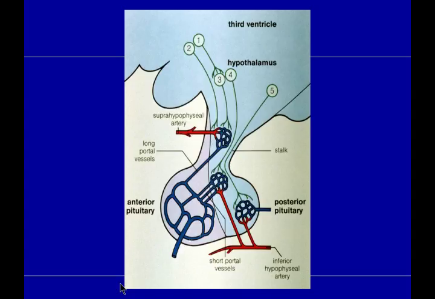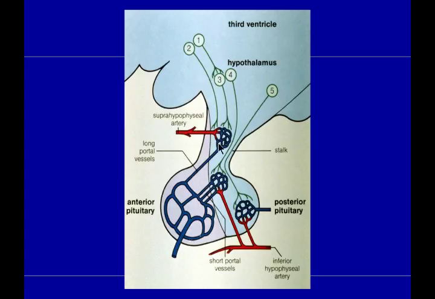Now, this slide illustrates the vascular supply to the anterior and the posterior pituitary, and a number of important distinctions are to be noticed. Number 1, as you can see, the suprahypophyseal artery and the inferior hypophyseal artery, and I really don't care if you remember those names, but they basically develop into a capillary bed, usually in the hypothalamus, here a little bit in the posterior pituitary, and then recollect into something called the portal system.